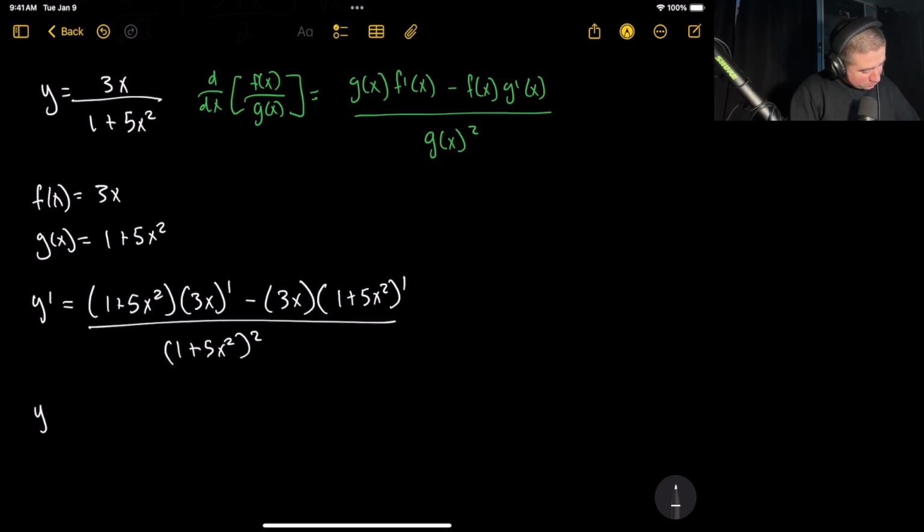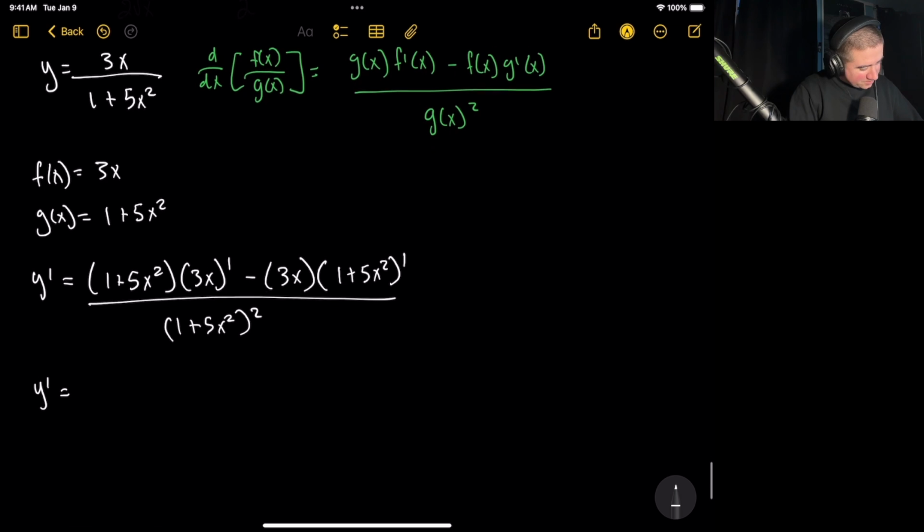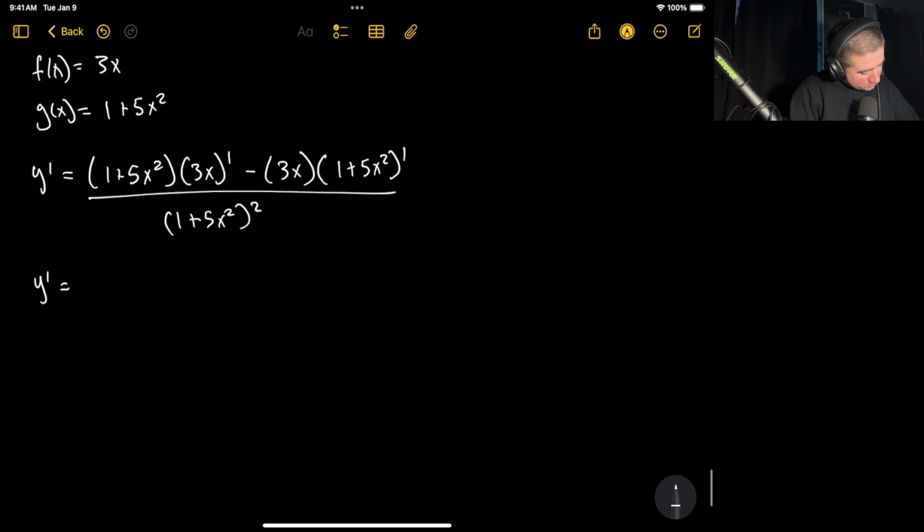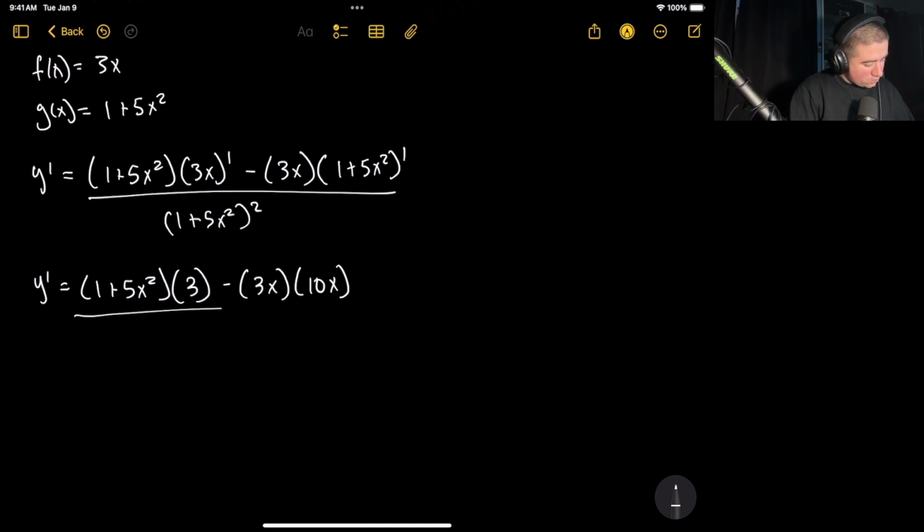Let's have y prime is equal to, I'm going to move down now. We have y prime is equal to 1 plus 5x squared, and then the derivative of 3x is just 3, minus 3x, and then the derivative of 1 plus 5x squared is going to be just 10x, over 1 plus 5x squared squared.